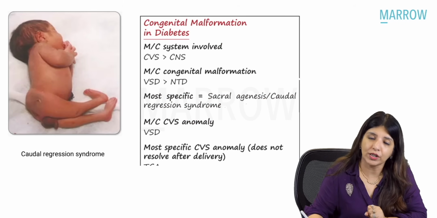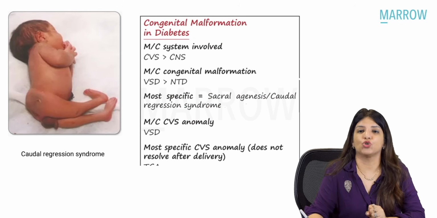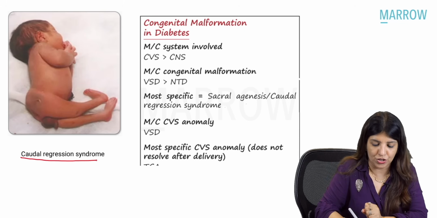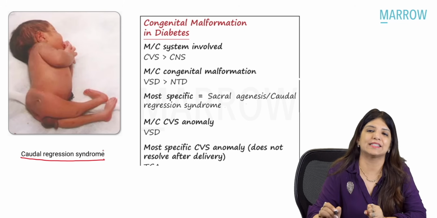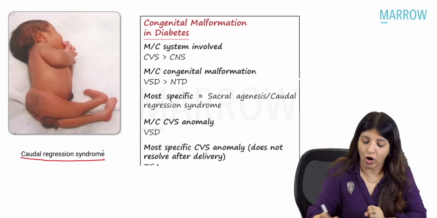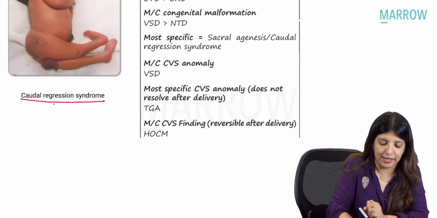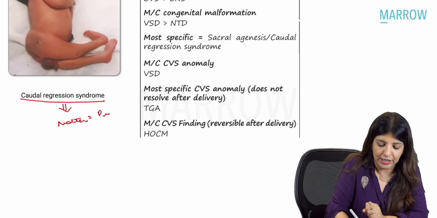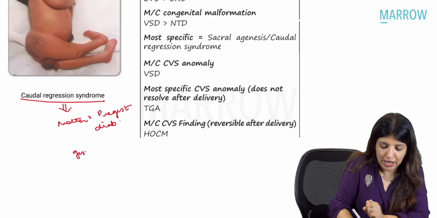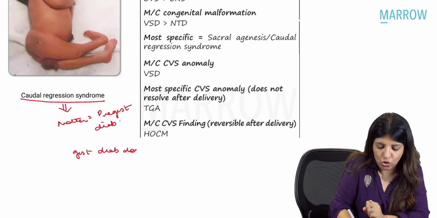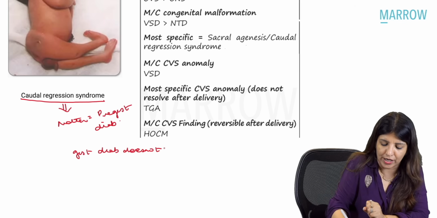Now, what are you seeing over here? In this image, you are seeing caudal regression syndrome, which is also called as sacral agenesis. Caudal regression syndrome or sacral agenesis is seen if mother has pre-gestational diabetes. Please remember, gestational diabetes does not lead to congenital malformation.